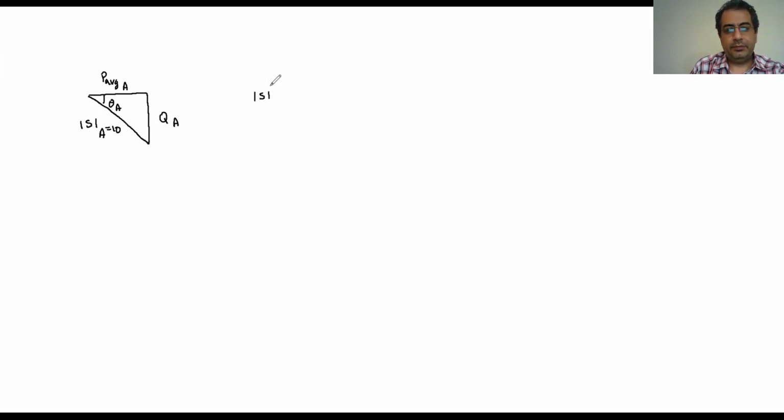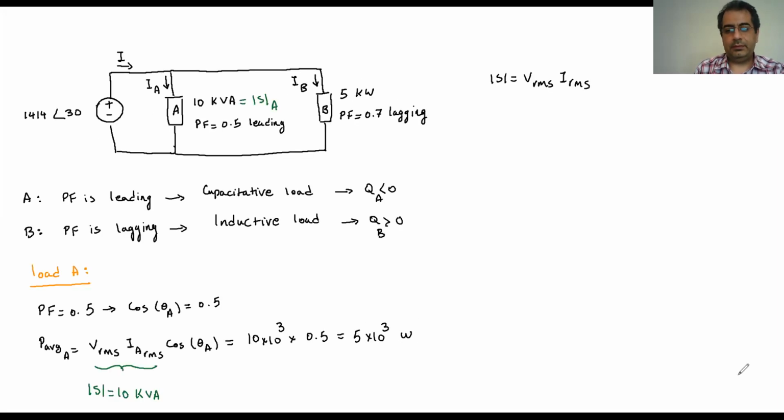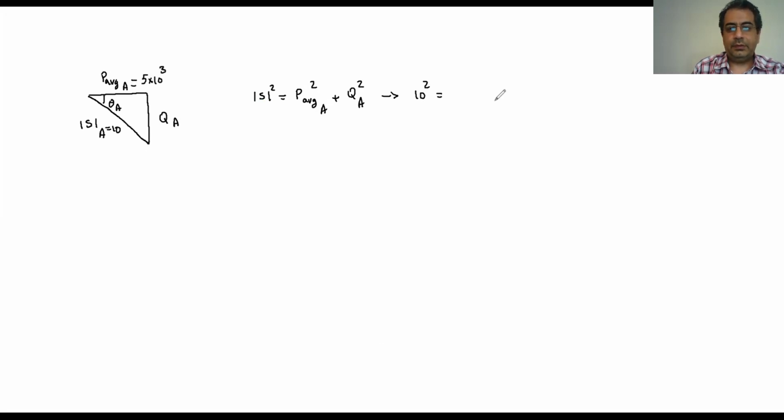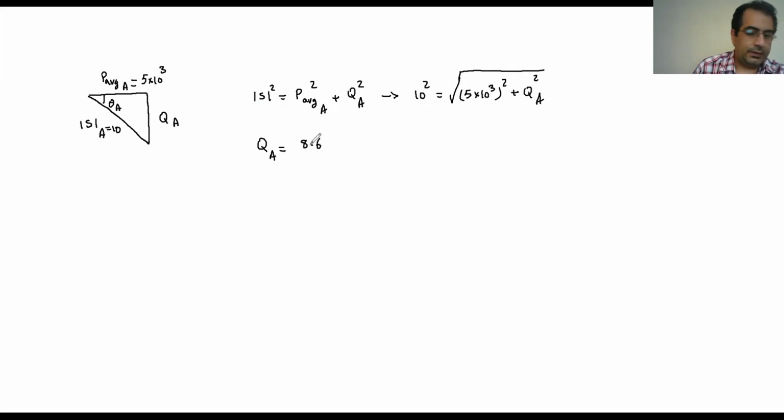The apparent power squared is P average at A squared plus Q at A squared. So 10 squared equals the square of 5 times 10 to the 3, plus Q at A squared. Doing this calculation, QA comes out as 8.660, or 8660.